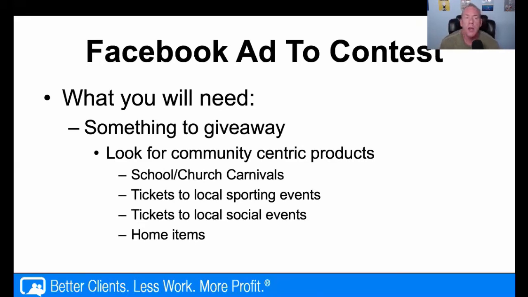There's also local social events during, again, normal years. And then, of course, there are just basic home items, things that people would be interested in. We had one agent who ran a contest for one of those bouncers that was a water slide version.